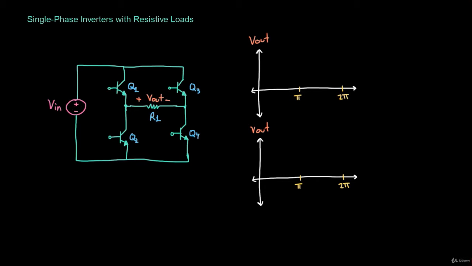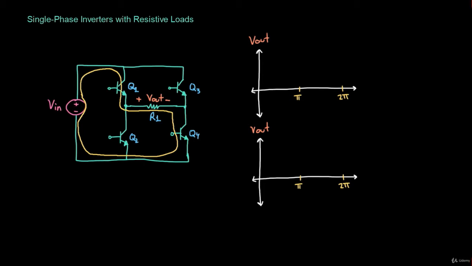In this circuit, for example, if we say that we're going to switch Q1 and Q4 on while leaving Q2 and Q3 off, then the circuit would look like this. You would have Vin connected through Q1, through the output load, through Q4, and then back to the input. What you can see here is that we've connected the positive terminal of Vin to the positive terminal of Vout.